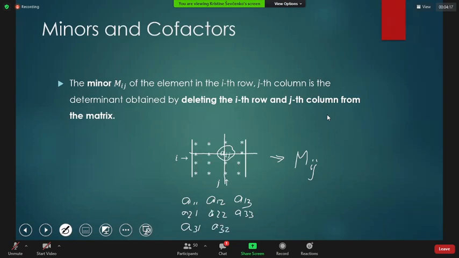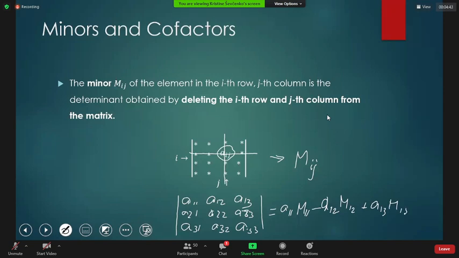Last time I said a, b, c. And this determinant could be expanded by the first row. So it could be a11 times its minor minus a12 times its minor plus a13 times its minor.